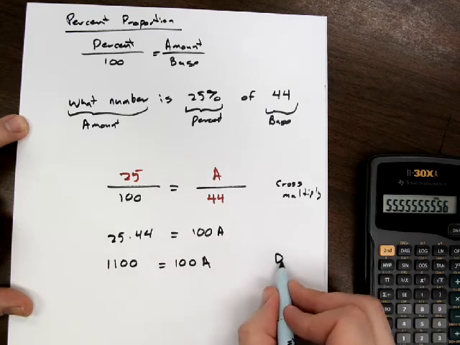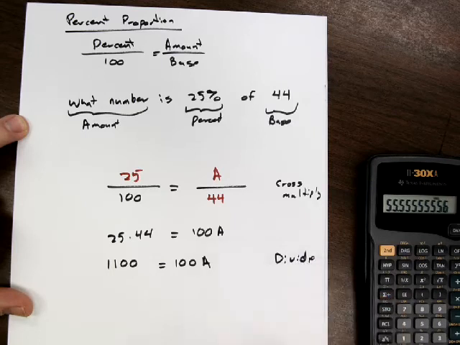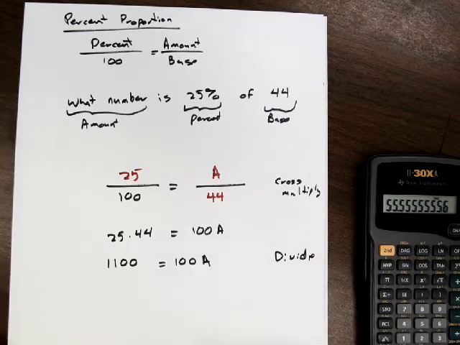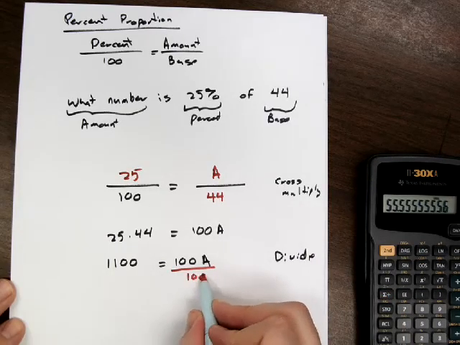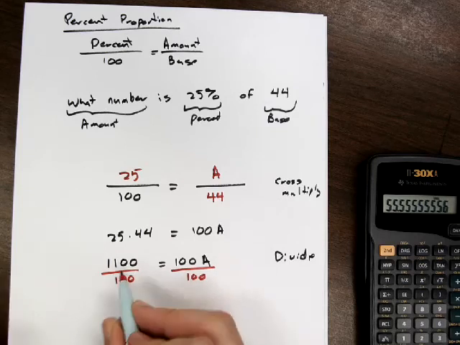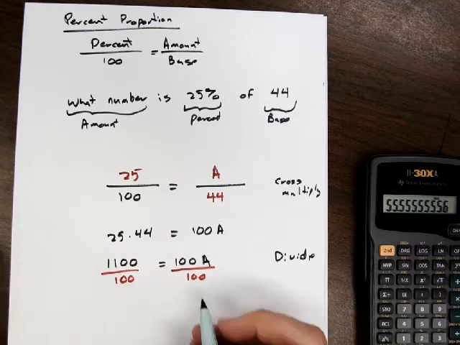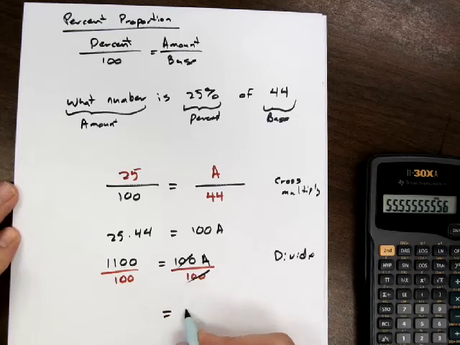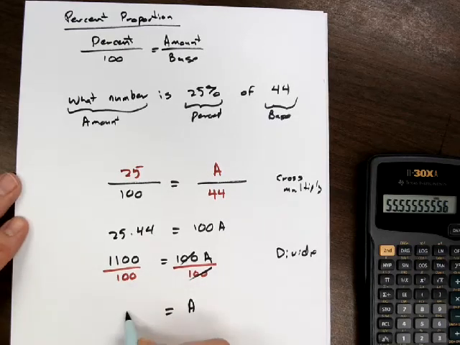Now we're going to divide. Let's divide both sides by 100. I'll end up with my amount here is equal to, looks like, 11.